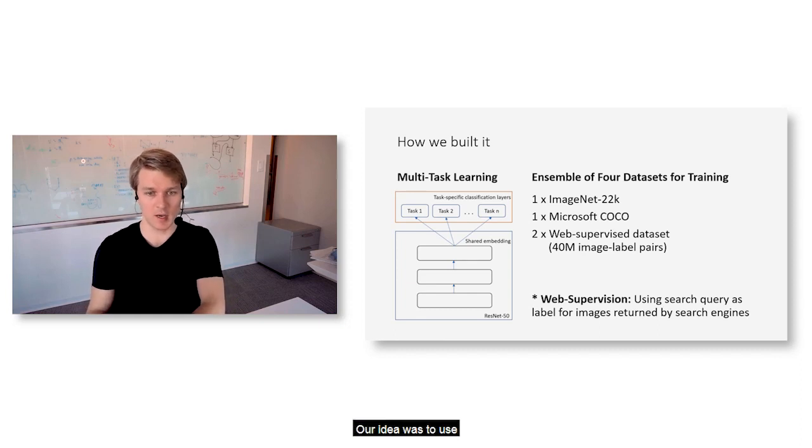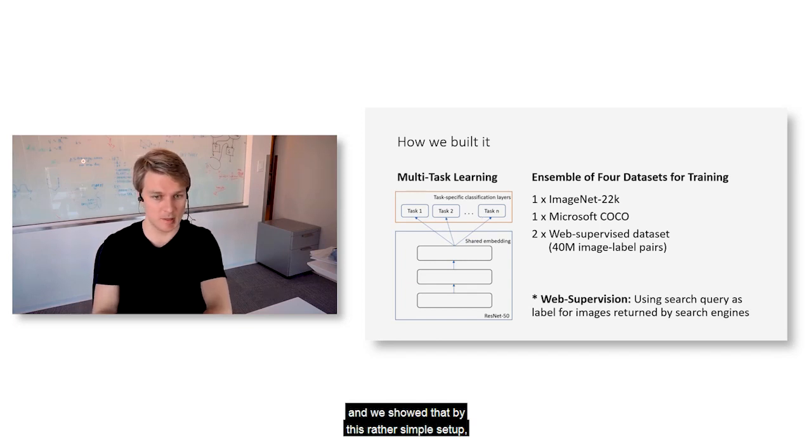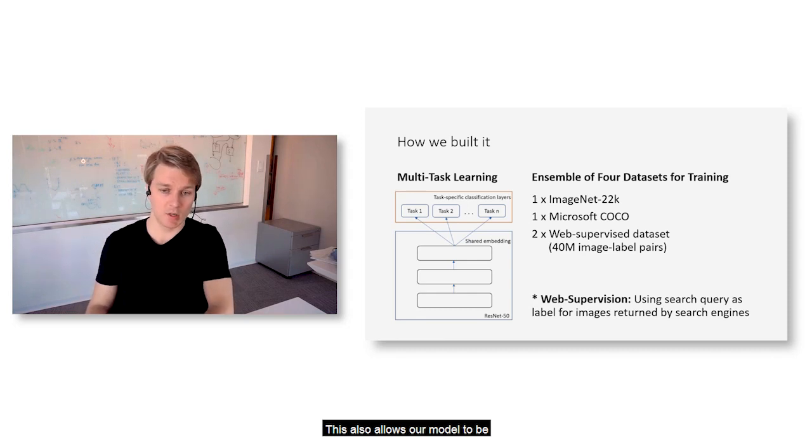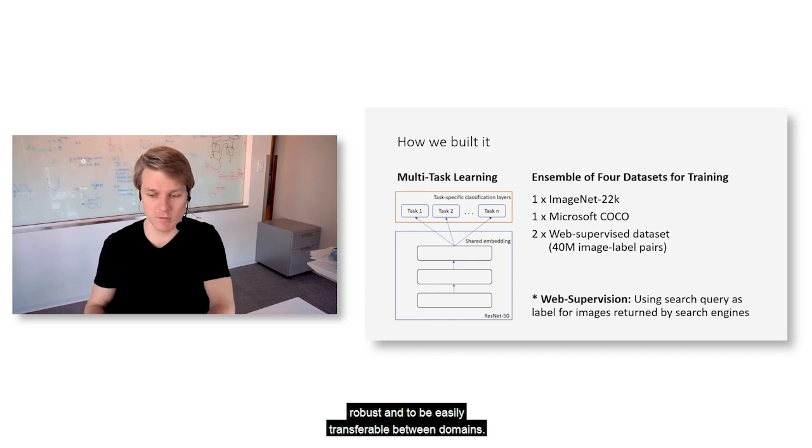So our idea was to use this multitask learning and hard parameter sharing, and we showed that by this rather simple setup, we can achieve state-of-the-art results. And this also allows our model to be robust and to be easily transferable between domains.